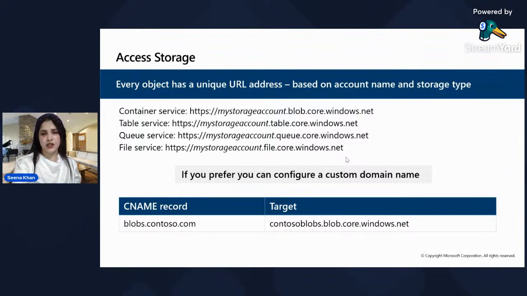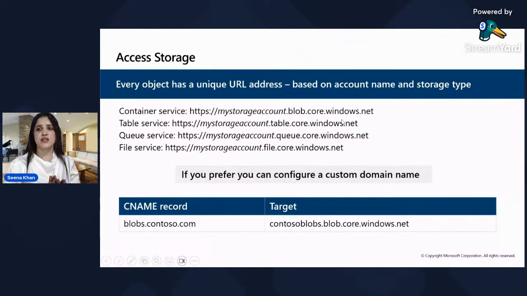So the combination of the subdomain and the domain name, which is specific to each service, forms an endpoint for your storage account. You can configure a custom domain as well, like to access blob data in your Azure account. So the default endpoint of the Azure blob storage is the storage account name and then blob.core.windows.net.